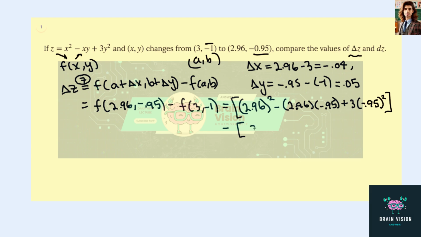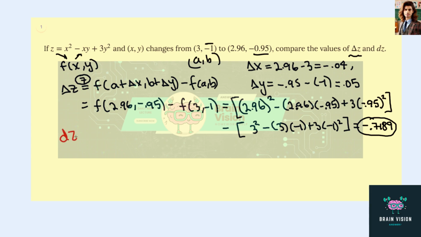That gives you x squared minus x times y plus 3 y squared. Going into a calculator, I have negative 0.7189 for delta z.